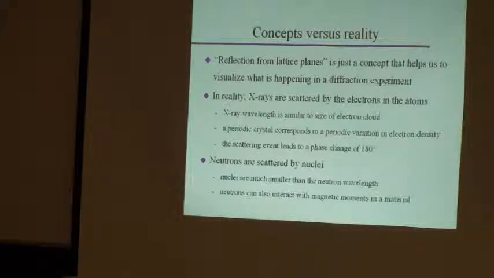Now, reflection from lattice planes is not really something that happens in real life. The crystal is not going to make planes from which the X-rays reflect, okay? This is a concept that we constructed because it makes it easy for us to understand things. It makes it easy for us to derive something like Bragg's law, maybe even with high school kids. Okay? What happens in reality is X-rays are scattered by electrons.